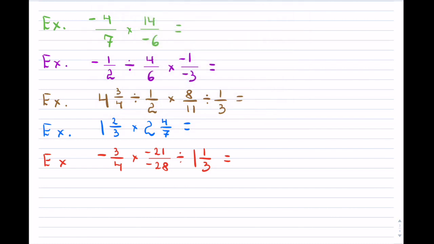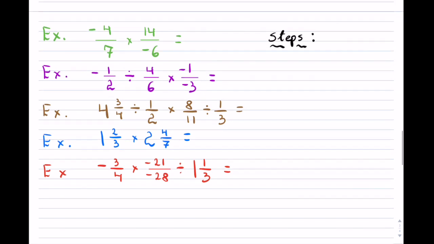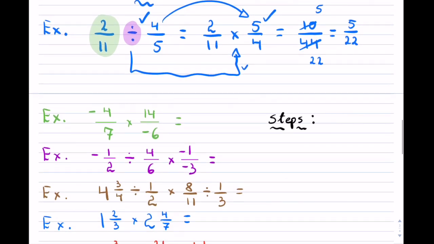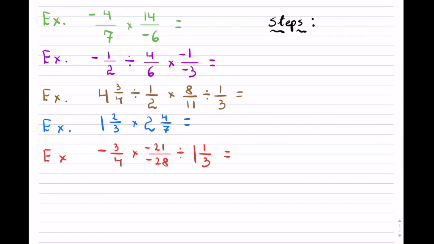So if you are ever thinking about multiplication and division, and you have something a little bit more complicated than just the examples that we showed above, where it's just two fractions, then you can think in these steps. So this is what I do in my mind.